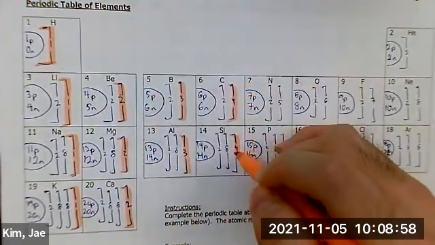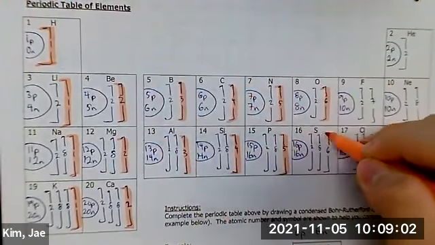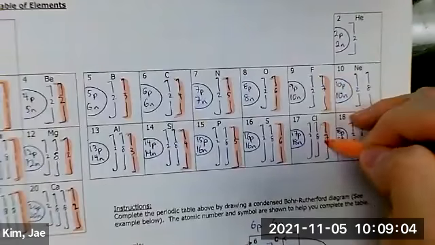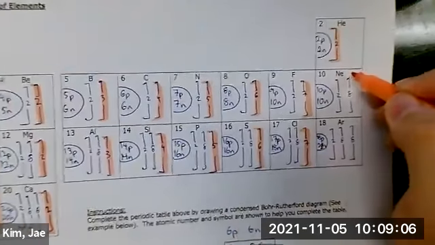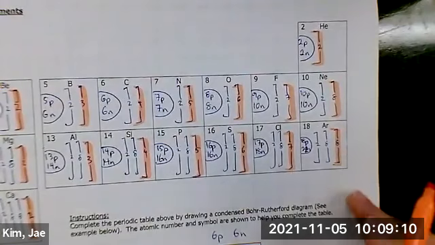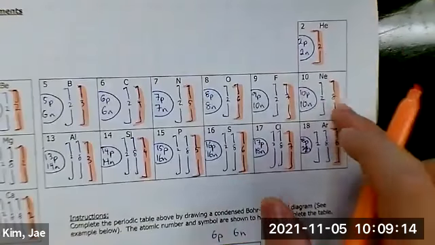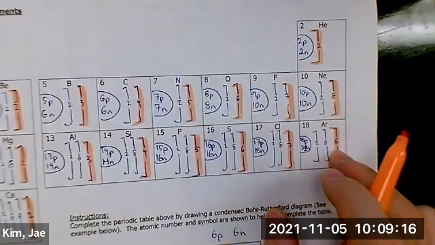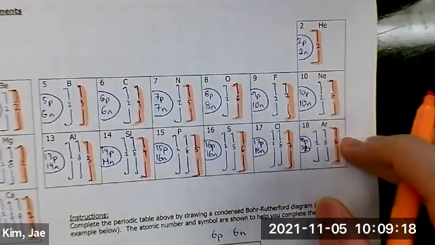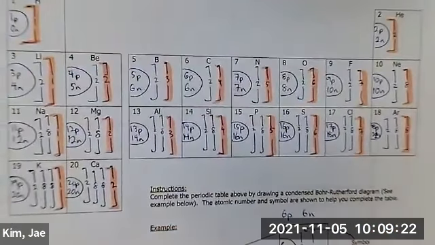The outermost shell has 4. The outermost shell has 5. The outermost shell has 6, 7, and well, 2, 8, 8. But you see that on the outermost shell of the last column, all of it is full. The number is different, I get it, but the shells are full. Coincidence? In fact, that's not the case.